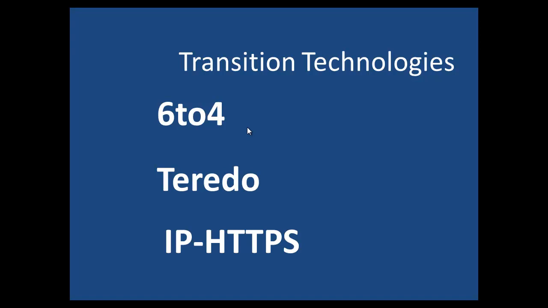We also have the third transition technology here, IP-HTTPS, and this one is used if a DirectAccess client cannot effectively establish IP version 6 connectivity to the DirectAccess server using either the 6to4 or Teredo transition technologies.